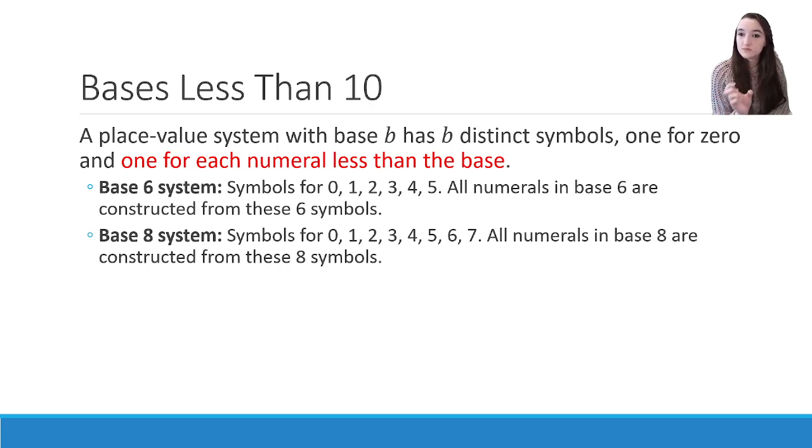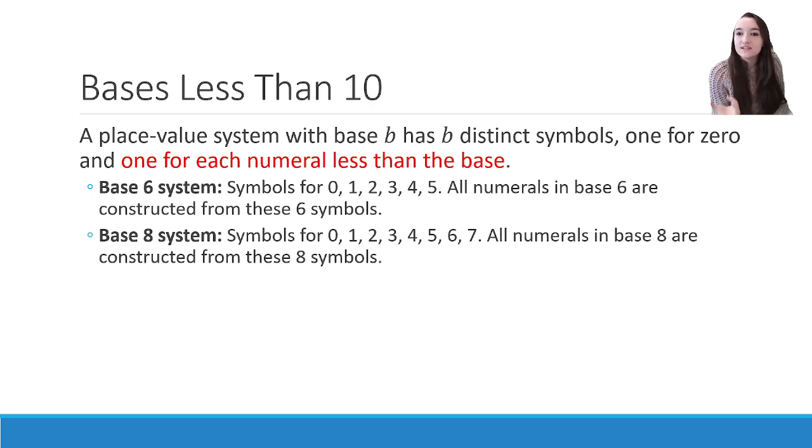The base 8 system has symbols for 0 through 7, and all numbers in base 8 are constructed with those 8 symbols. There should never be a number, if you are converting into another base, that is B or greater. That's one way to check your work, and it's a very common mistake to leave 8s in base 8, or put the number 9 there.